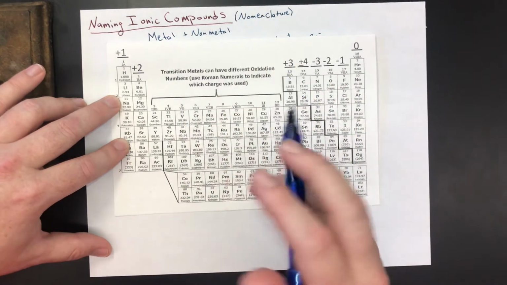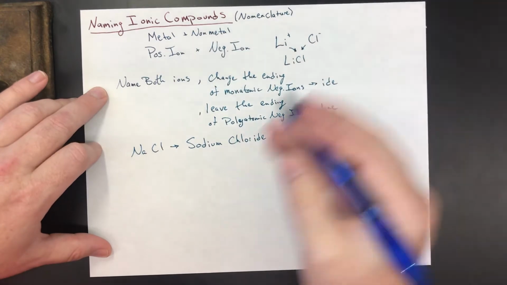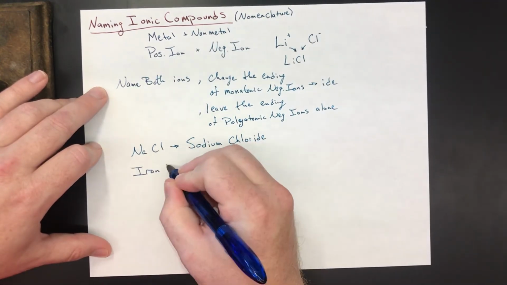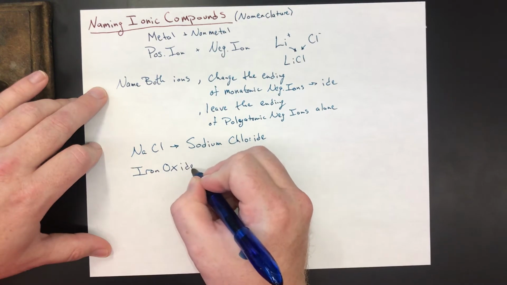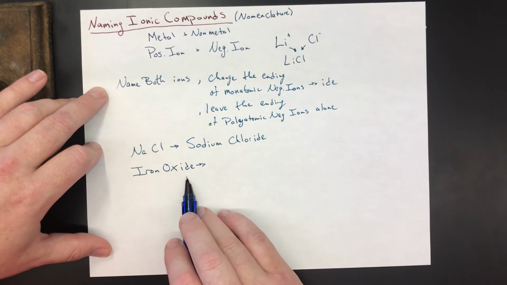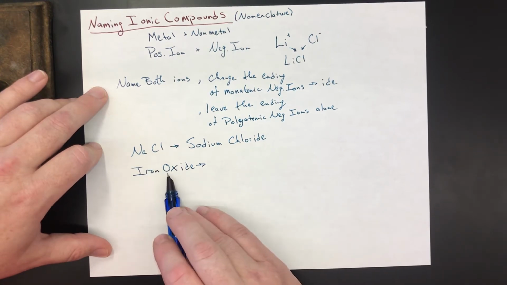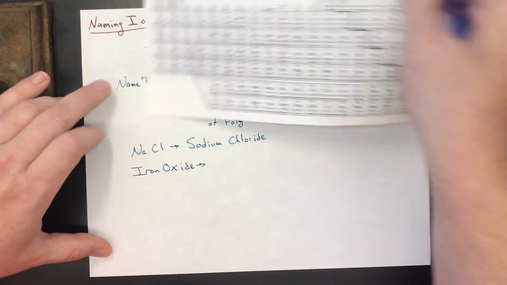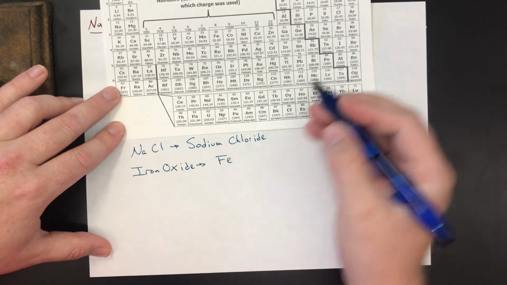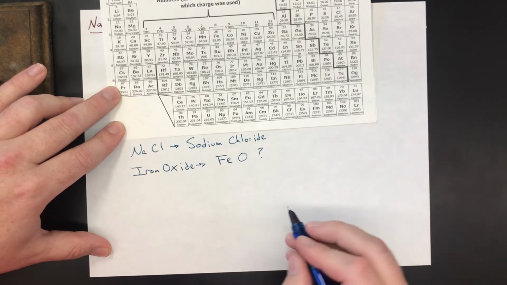But we need a way to explain which one we're talking about, because if I had a chemical like iron oxide, and I wanted to take the name of this and write my compound, a student may look at this and say, well, iron is Fe, oxygen is O, but is this correct?